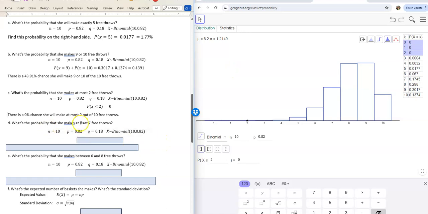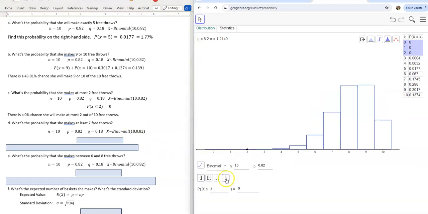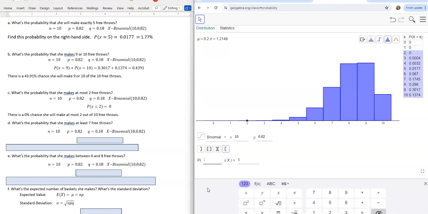Okay, what's the probability she makes at least 7? At least 7 means she might make 7, she might make 8, she might make 9, she might make 10. So we're talking about greater than in this case. So we want to use the greater than, and then we get 0.9117 because we're adding up all of these.